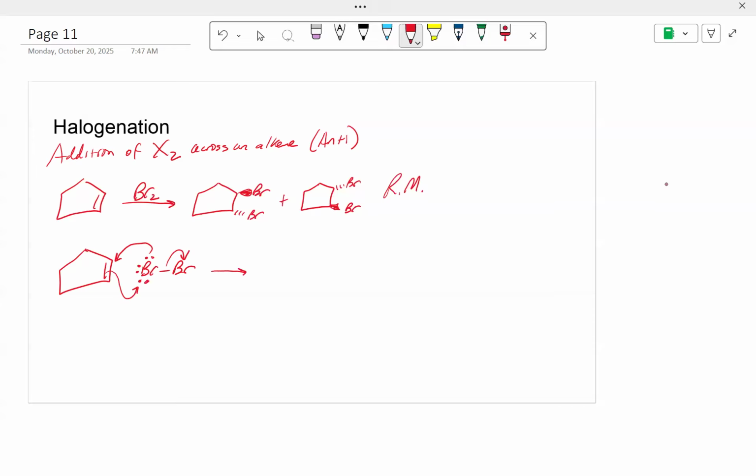And that bromine, because the alkene is flat, it's trigonal planar, that bromine can add upwards to make this three-membered ring. It does that 50% of the time. And the other 50% of the time, it adds downwards.